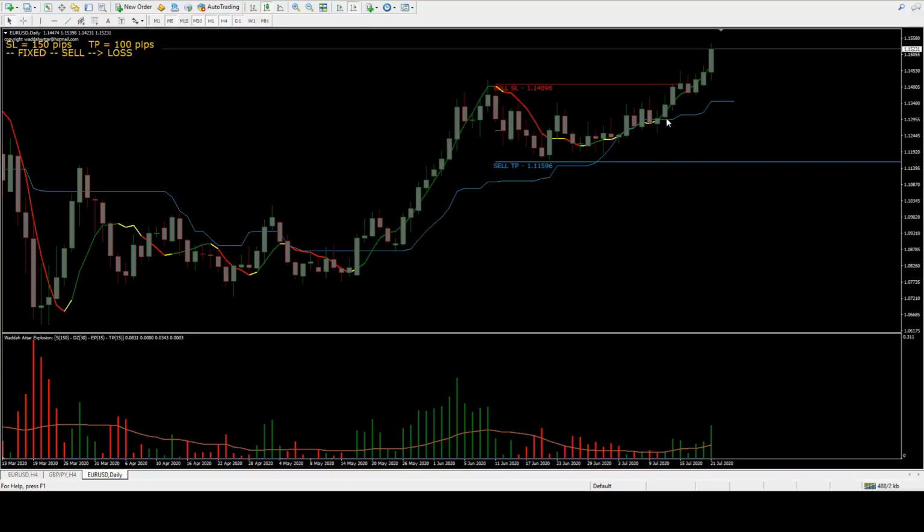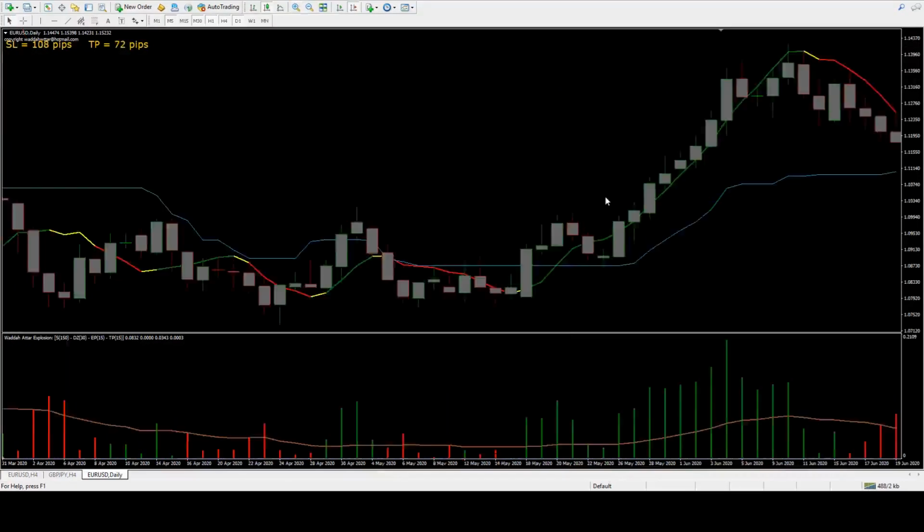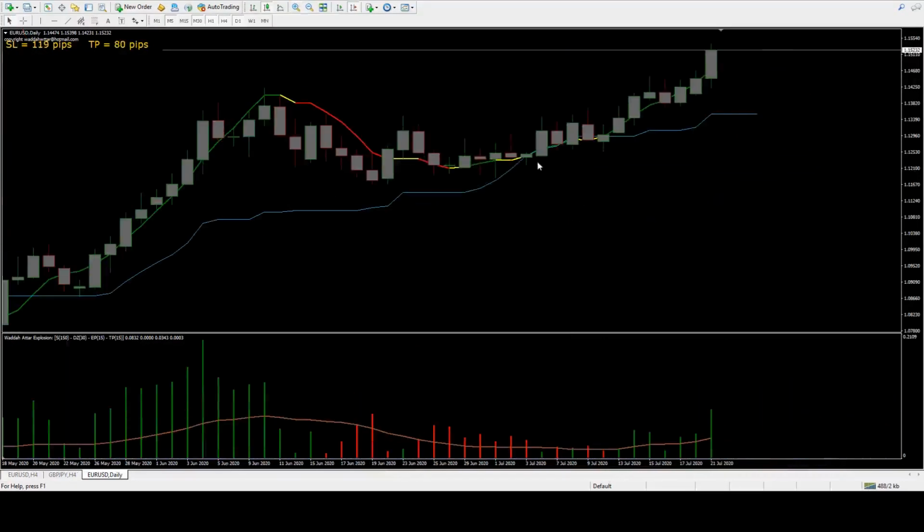Okay, so for example, in this situation, whenever the indicators start to show you, for example here in this case, the candle closes above, let's see if this one is still green or not.